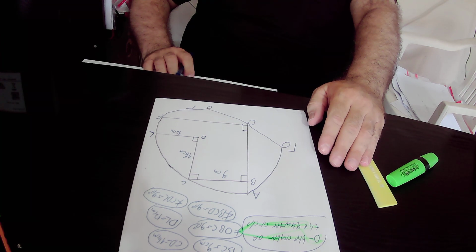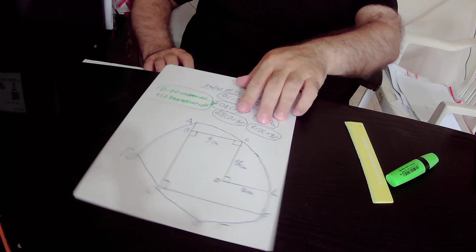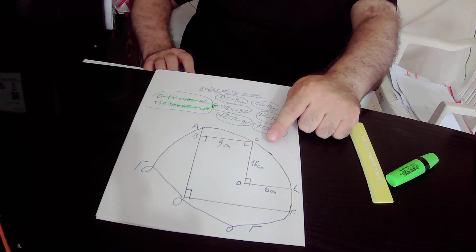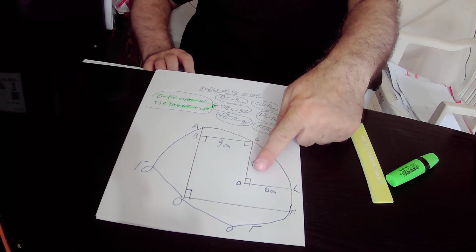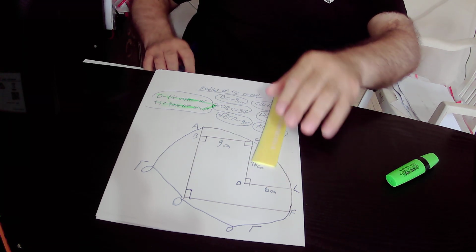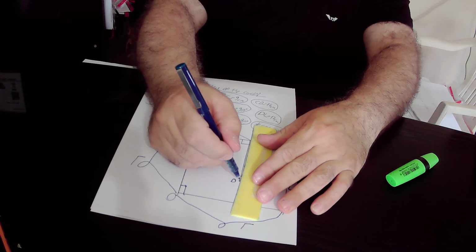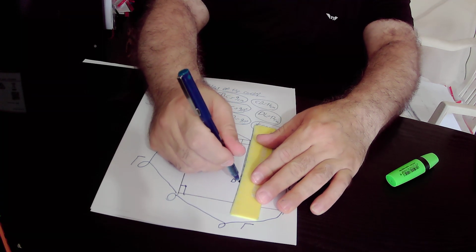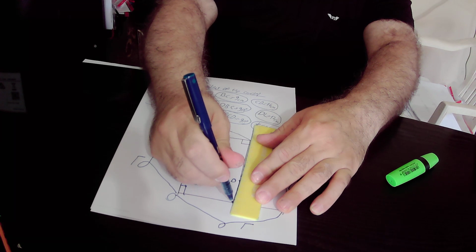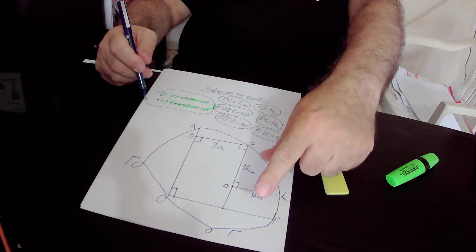In the next step, we will do a construction. We will extend the straight line CD by a straight line. Okay, we extended the straight line CD by a straight line.